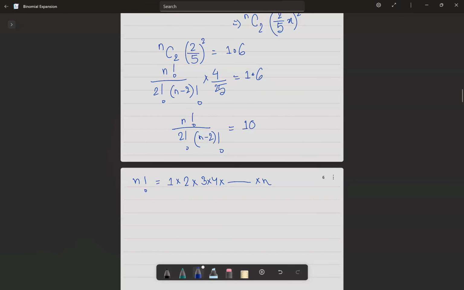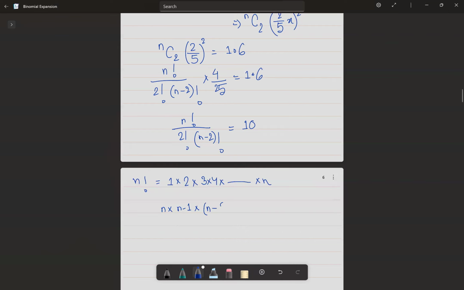So if we try to write it backwards, what do we get? n factorial would be n. Then we will have n minus 1, one number less, right? Because here you have 2, then 2 plus 1, 3, 3 plus 1, 4, 4 plus 1, 5. Like this, we are going to get all the numbers. So if you write it backwards, you are going to get n, n minus 1, n minus 2, like this, 4, 3, 2, 1.